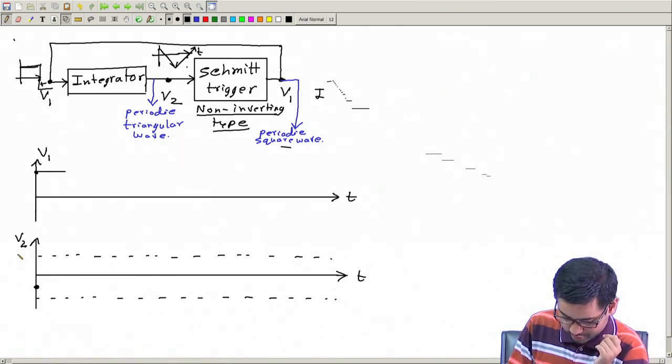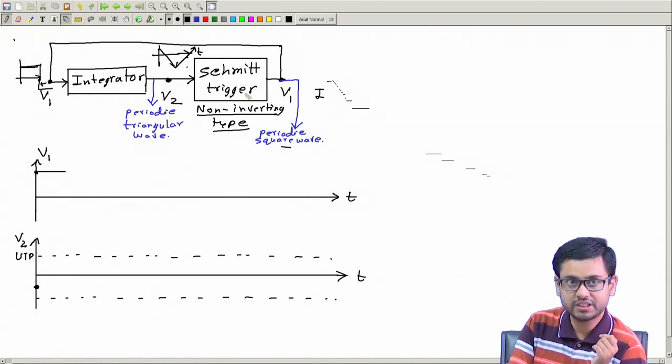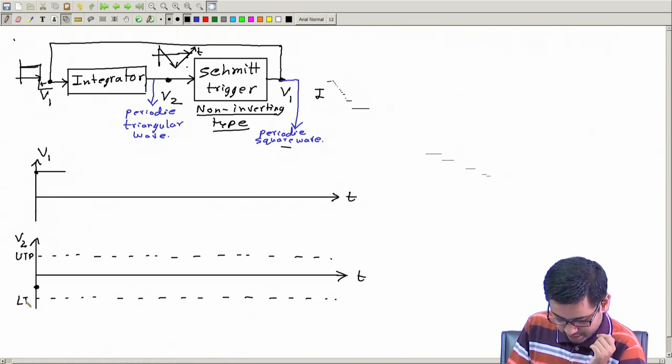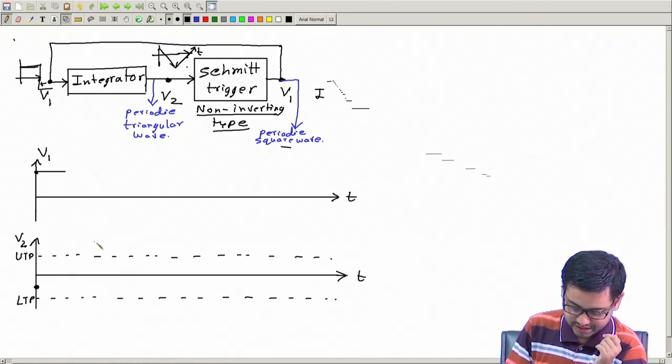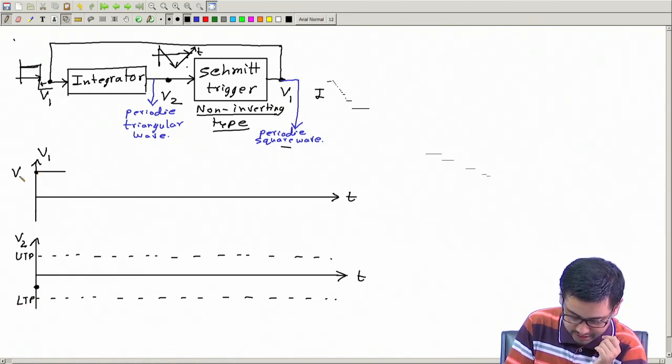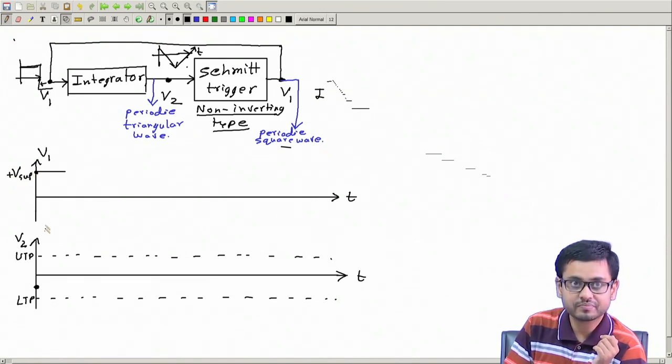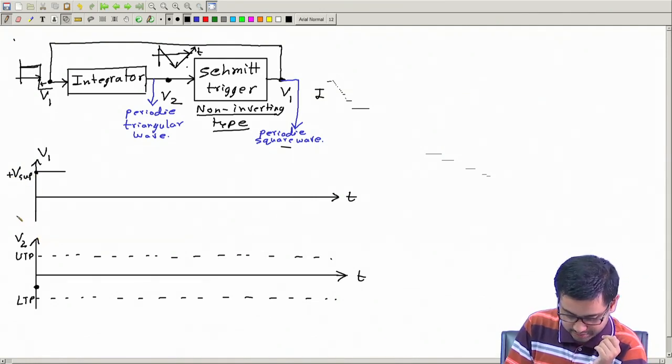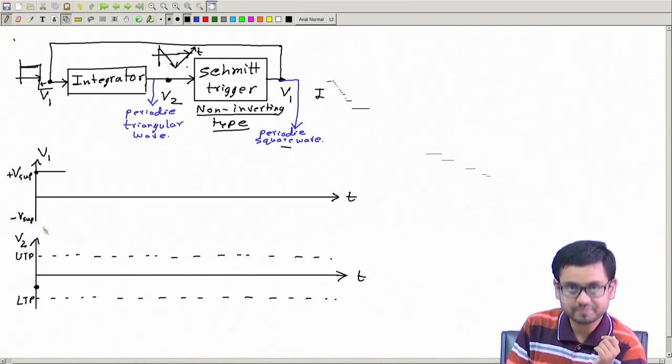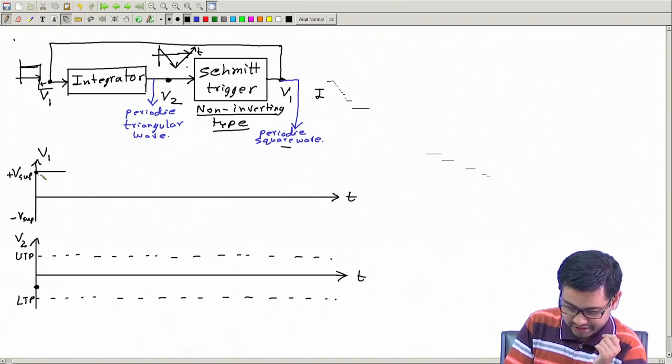And these are the voltages corresponding to the upper trigger point and the lower trigger point of the Schmitt trigger. This voltage is nothing but the plus V supply, and similarly I will write minus V supply down here. Initially this voltage is positive.